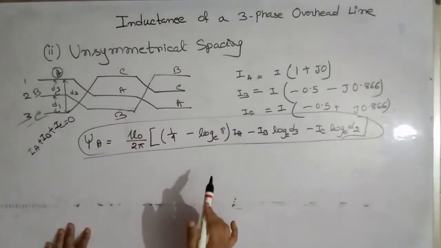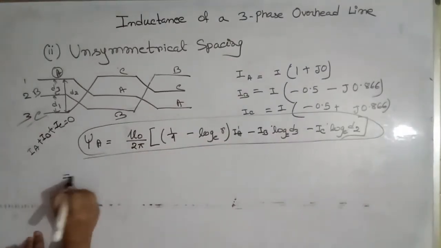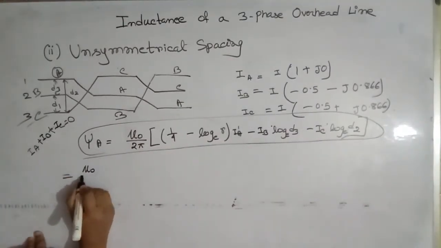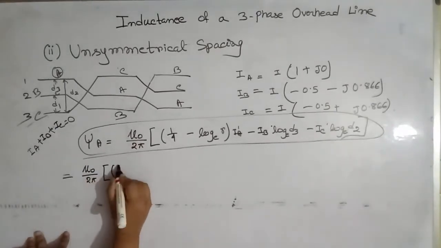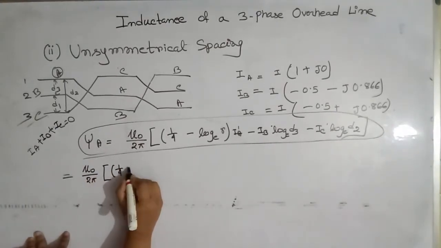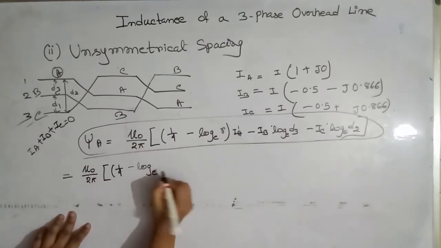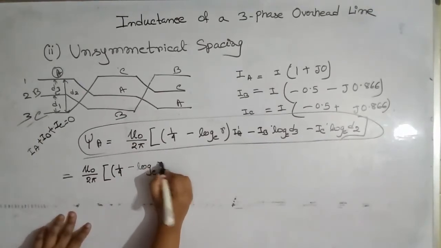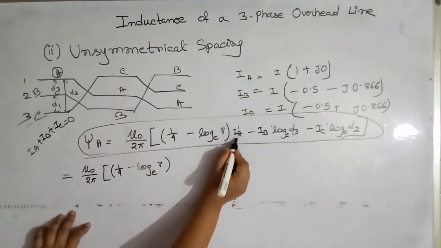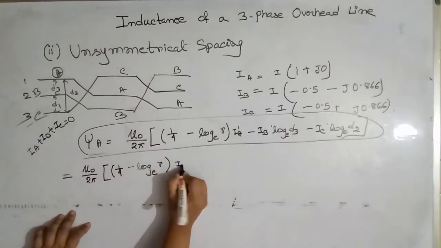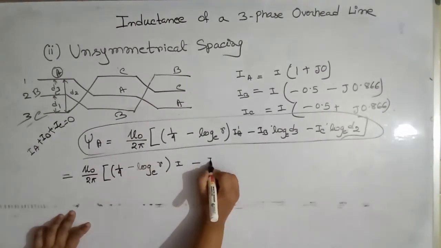Now putting the values of IA, IB and IC, we get mu 0 by 2 pi, 1 by 4 minus log e R into I, minus, what is the value of IB?